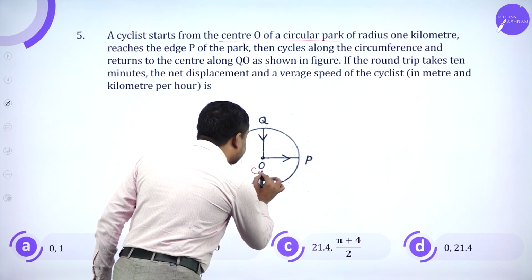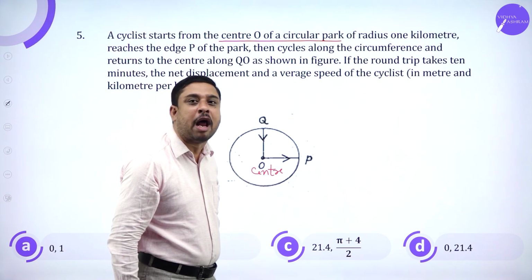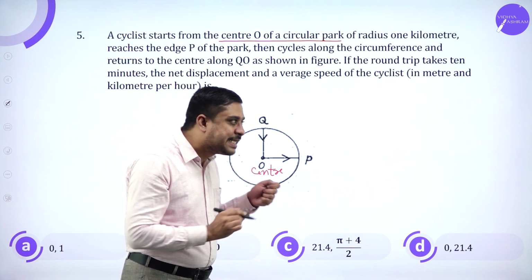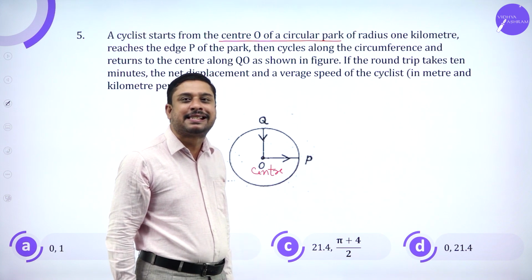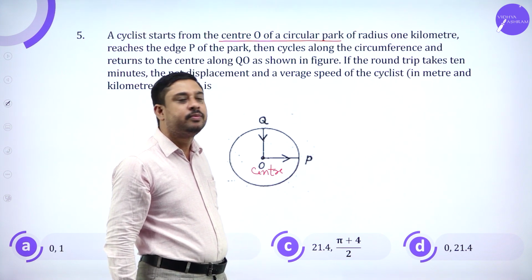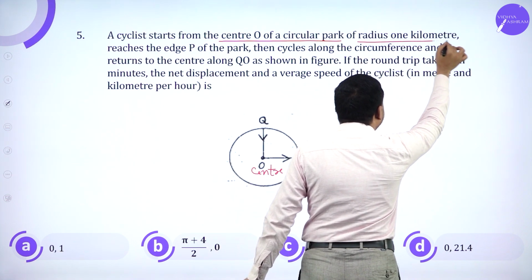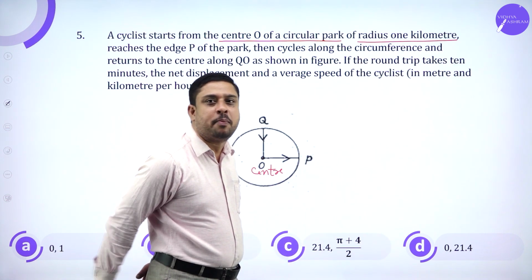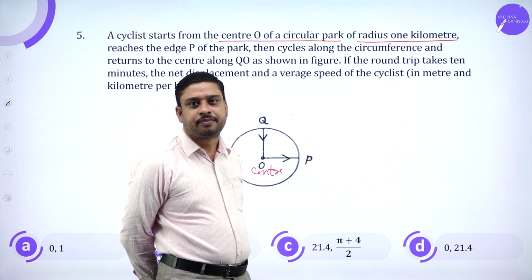O is the center of the circular park, and the cyclist starts pedaling from the center O. The radius is given to be 1 kilometer.